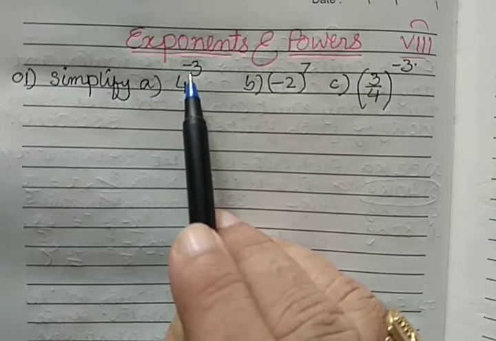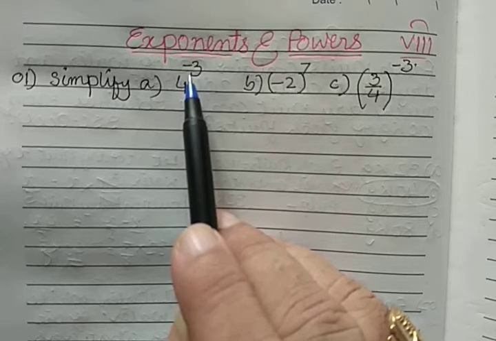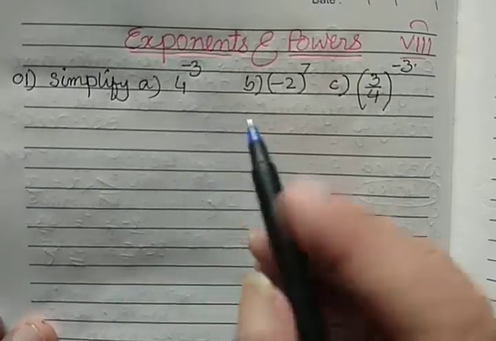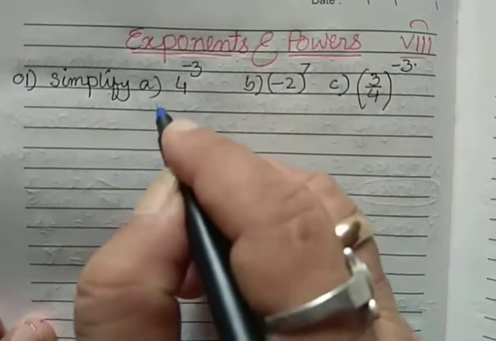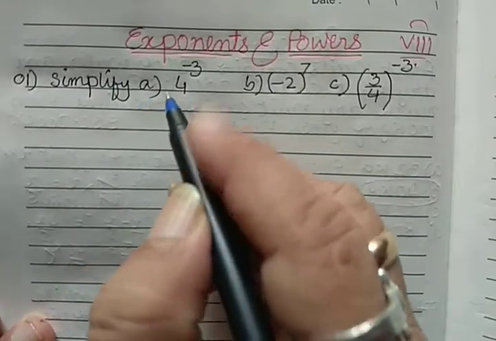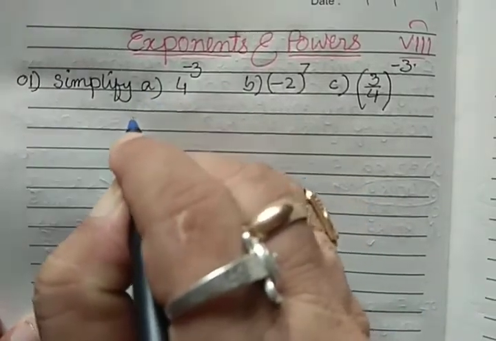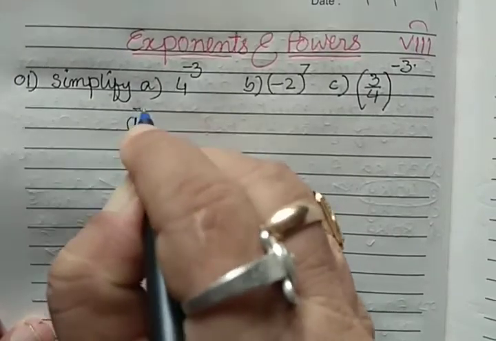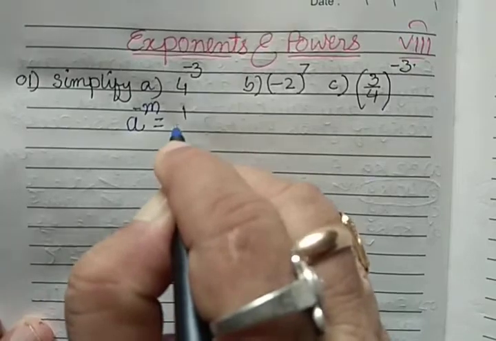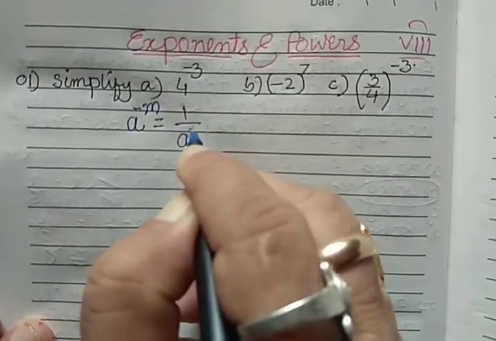Yesterday we learnt some laws of exponents. So let me remind you one of such laws. What is it? A to the power of minus m is equal to 1 by a to the power of m.